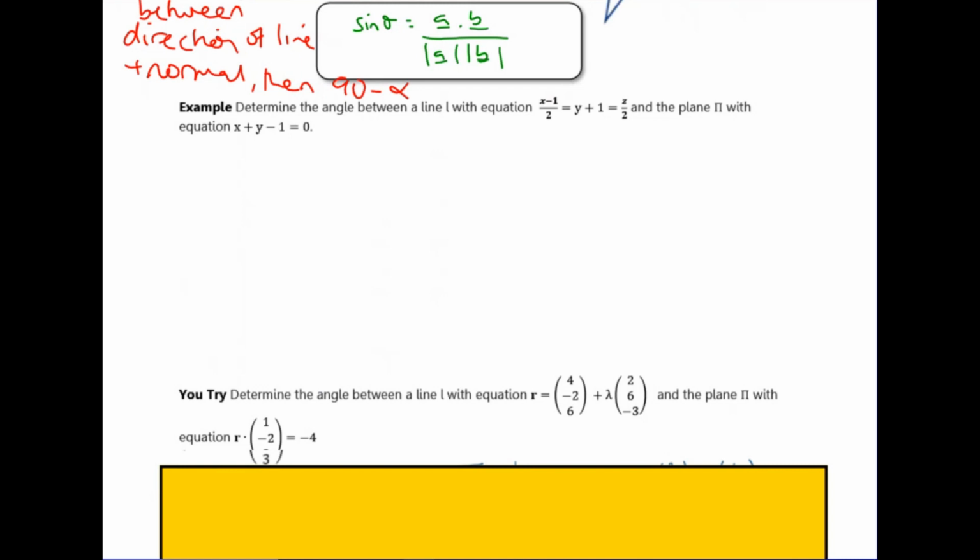Let's have a look at this question here. Determine the angle between this line and this plane. First off, I'm going to convert these both into vector forms. Specifically, I'm going to put this into normal form because it's not really useful in Cartesian. Converting the equation of the line, remember what you do is you set each of these bits equal to lambda, but you can skip this step if you want, but just to demonstrate.